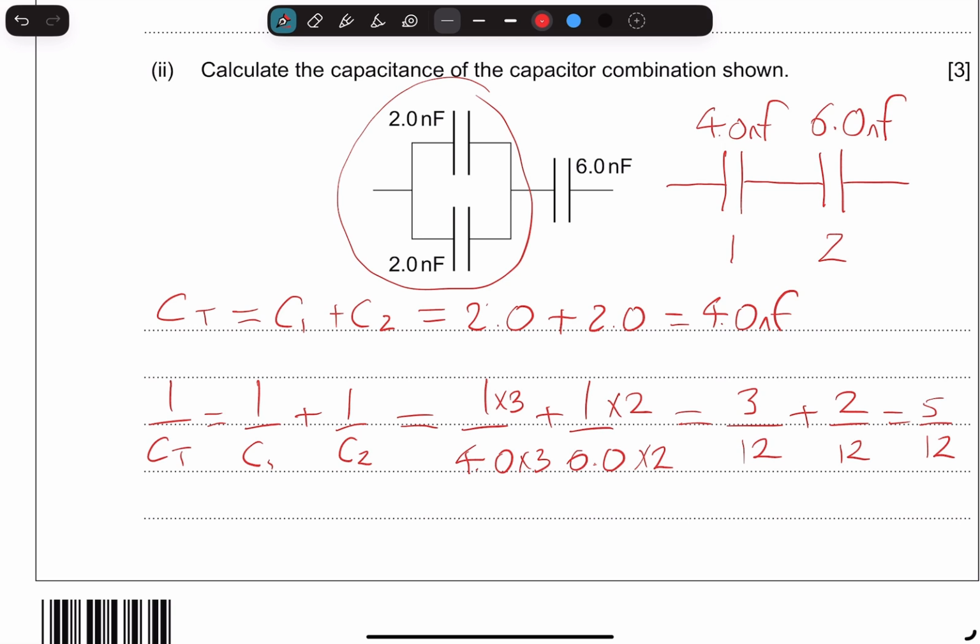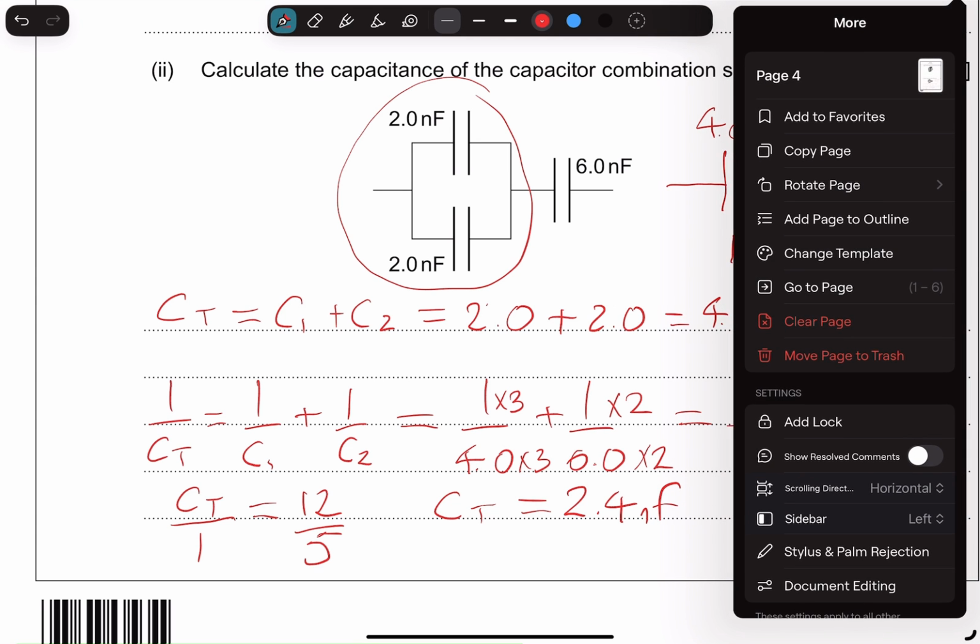So if 1 over Ct is 5 over 12, then Ct over 1 is equal to 12 over 5. Ct over 1 is just Ct, and 12 over 5 as a decimal is 2.4 nanofarads. So that's our solution there. Okay, on to the next bit.